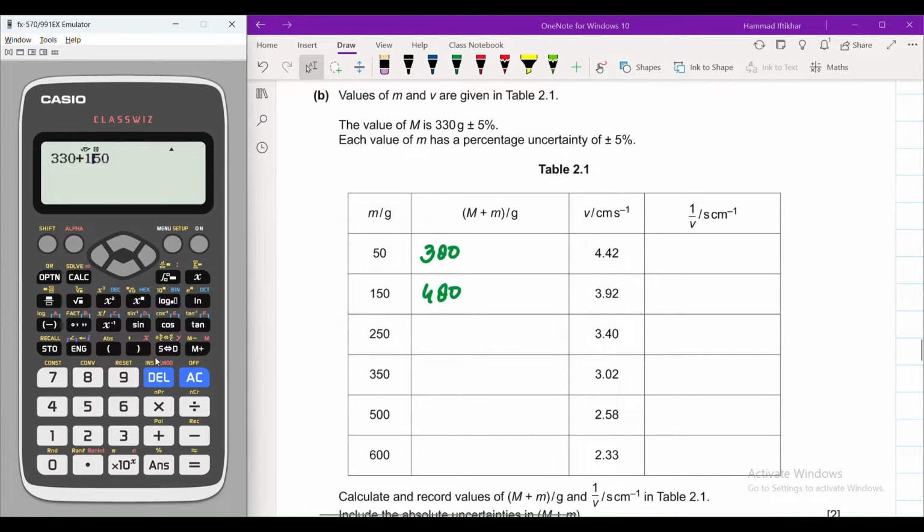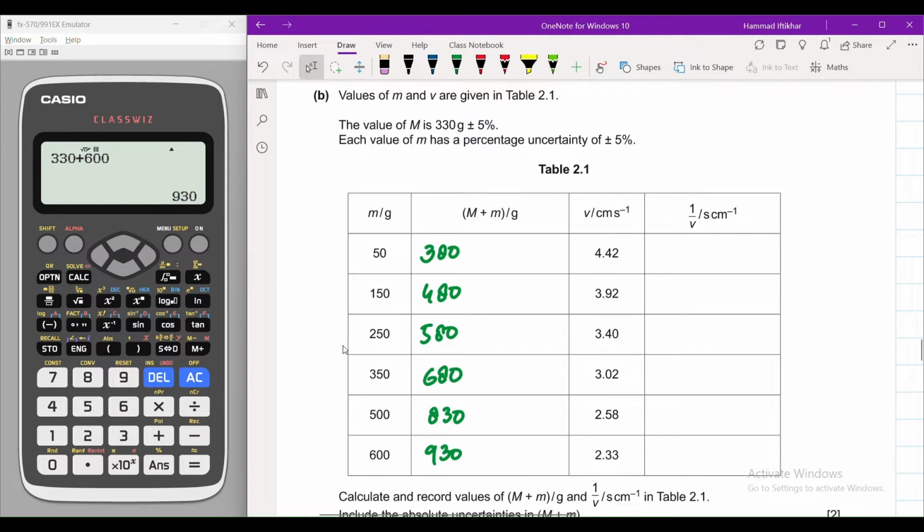Then 250, 580. Then 350, 680. Then 500, 830. And then 600, 930.